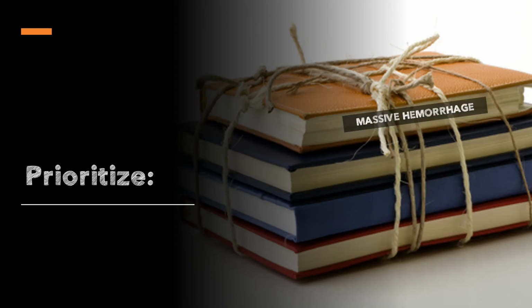Now, the bundle starts with massive hemorrhage. First and foremost, it doesn't matter what you do. If you do CPR, if you intubate and you ventilate well without controlling massive hemorrhage, it does nothing. Circulating 0% blood does nothing. You can secure the airway, you can do good CPR, but doing good CPR and circulating nothing is still nothing.